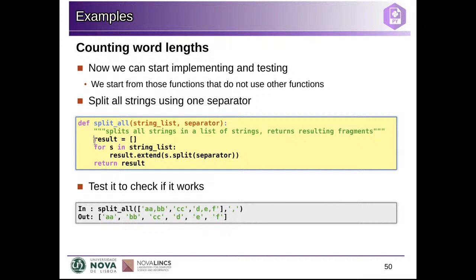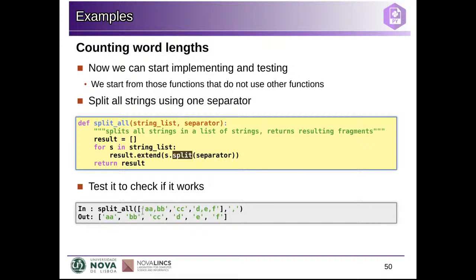So our result will be an empty list first, and then for each string in the list of strings, we're going to split that string by the separator and extend our initial list with all the fragments we obtain. So remember that extend adds all elements individually. And since split returns a list with all the fragments, we are adding all the fragments individually.